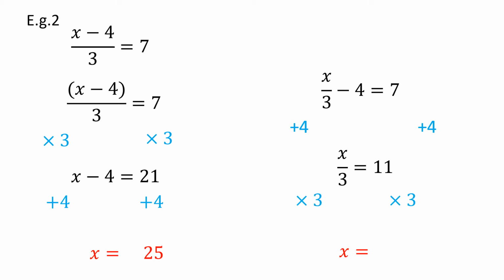And then we're going to be multiplying by 3, which will give us 33. Okay, so it's really important that we recognize whether we are dividing through the entire part of the equation or just one small section of it.